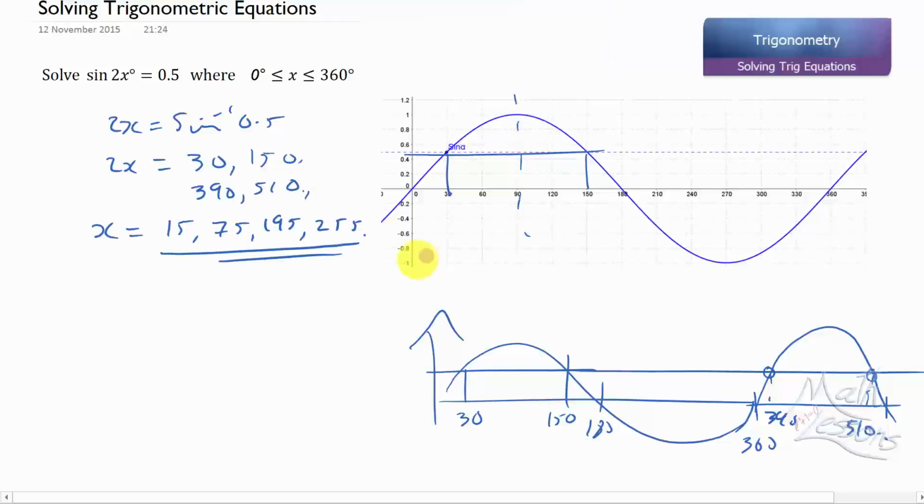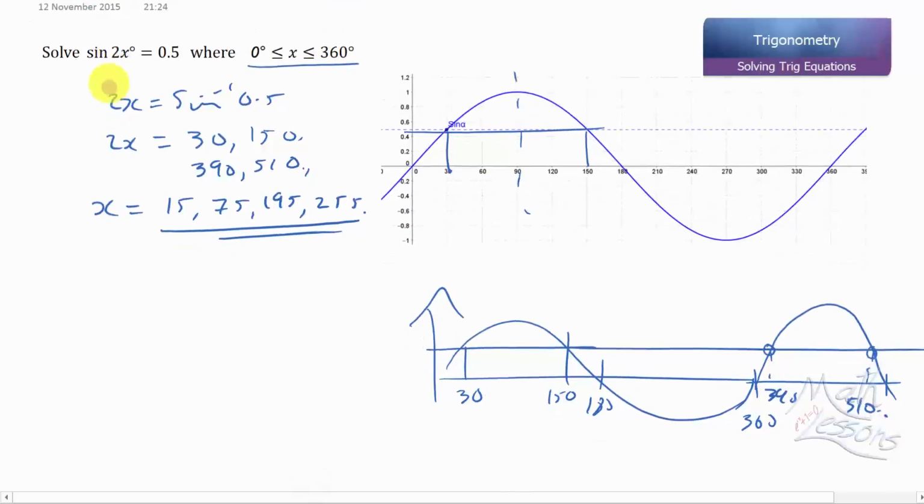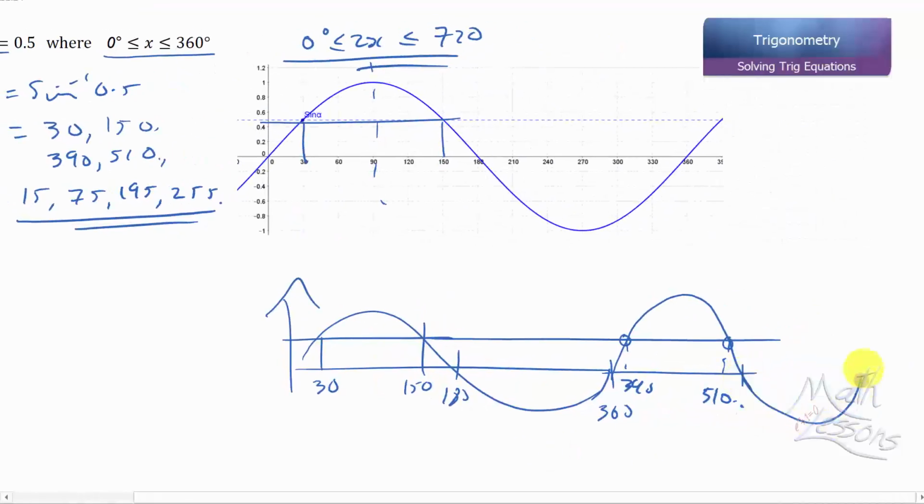Another way is to just realize if x is between 0 and 360 and we've got sine of 2x, then we are going to be looking at a range for 2x: 0 times 2 is 0 still, but 360 times 2 is 720. So we go all the way up to 720. And if we actually just continue this graph, we see that's the point where we get to 720 and there are no more answers after that.